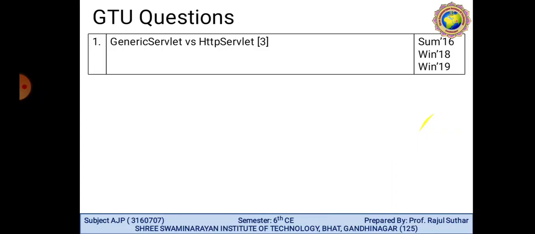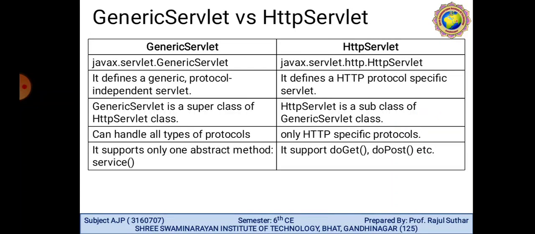Here the difference is given for generic servlet versus HTTP servlet. Generic servlet works with javax.servlet.GenericServlet, and HTTP servlet works with javax.servlet.http.HttpServlet. Generic servlet defines a generic, protocol-independent servlet, while HTTP servlet defines an HTTP protocol-specific servlet.